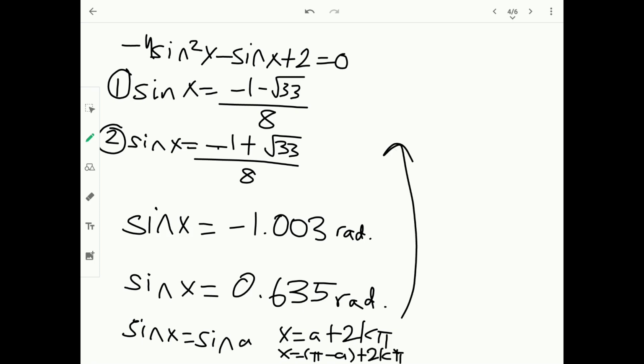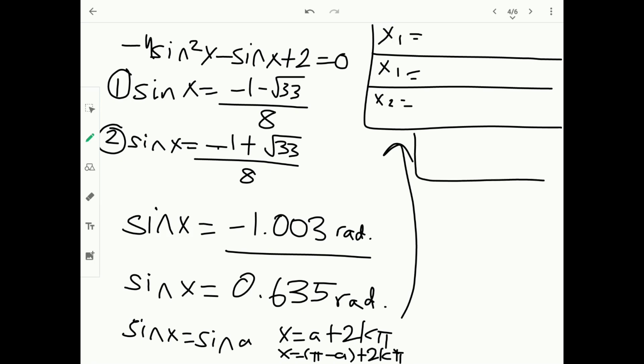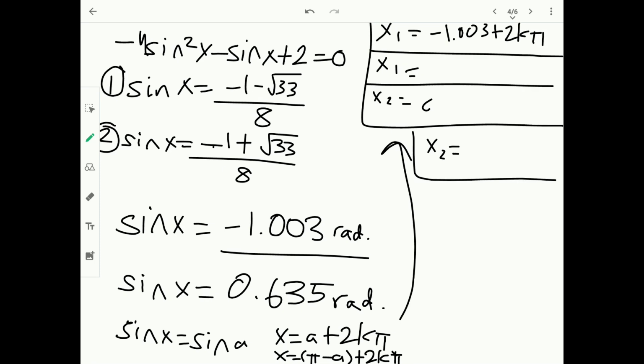Going up here, let's just use x1 equals both parts of this equation, and then x2 equals, and then let's have this third one, x3 equals, right? Fourth one, sorry. So we have minus 1.003 plus 2k pi. We have 0.635 plus 2k pi. Now let's just do pi minus.